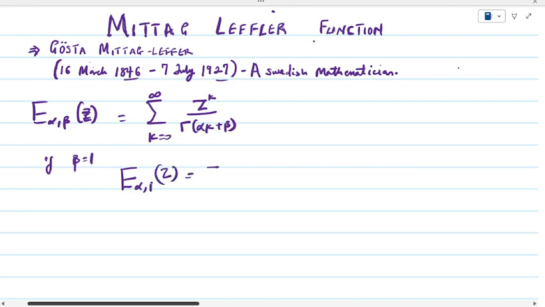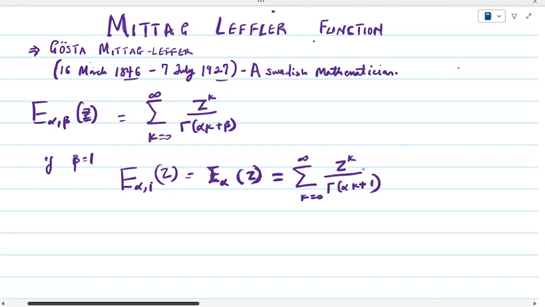We can also write, instead of putting 1, just alpha. So we can also have E alpha of z equals the summation k equals 0 to infinity of z to the power k over gamma of alpha k plus 1.